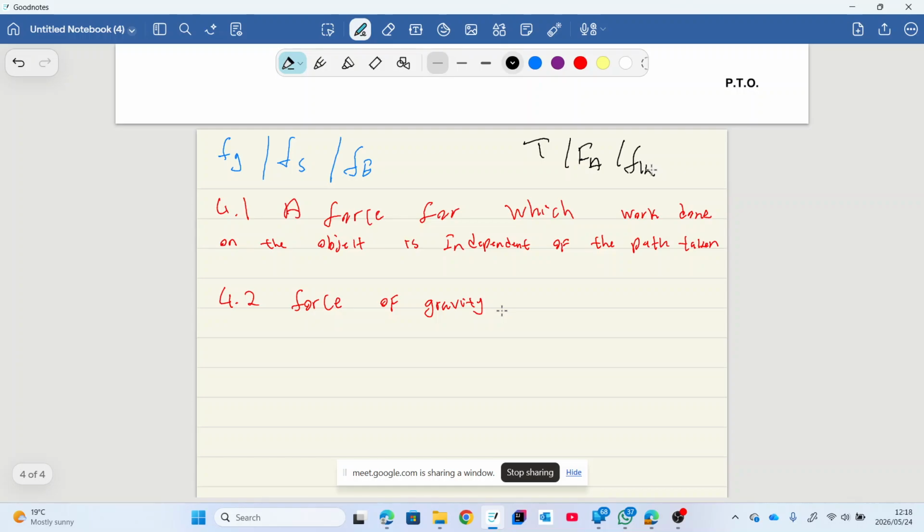Those ones are non-conservative. So it's tension, friction, and applied force. Those are examples of them. These ones are non-conservative, and these ones in blue are conservative.